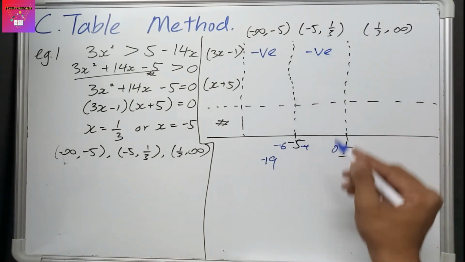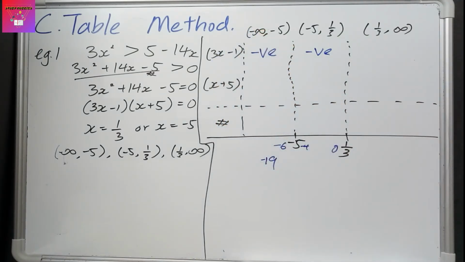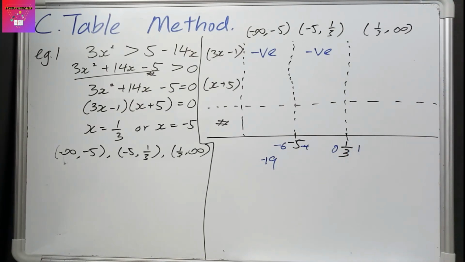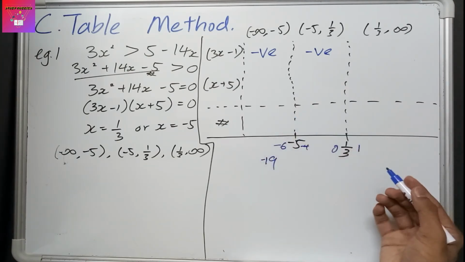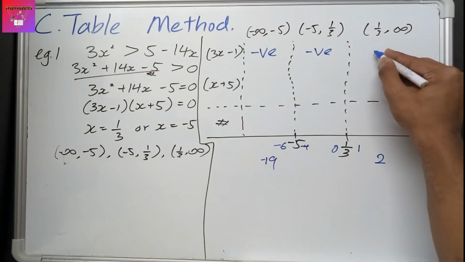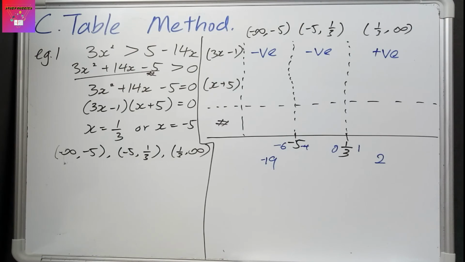So again, negative, because 3 times 0 minus 1 is going to be a negative 1. So negative. And for this last range, I'm going to choose a number after 1 over 3, which is number 1. So 3 times 1, I'm going to get 3 minus 1, 2. So 2 is a positive value. So in this place, we are going to get a positive answer.